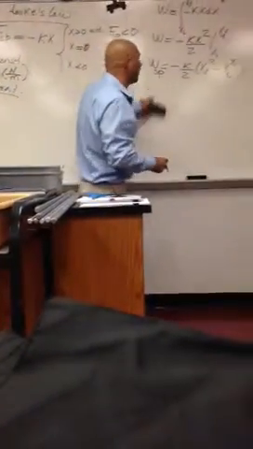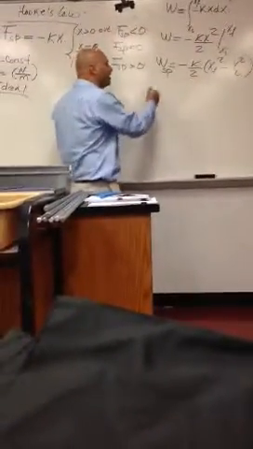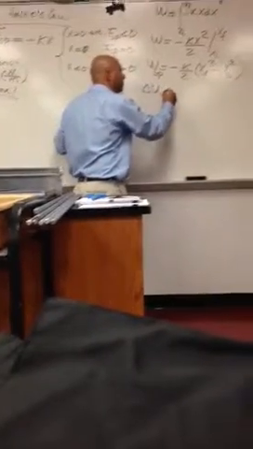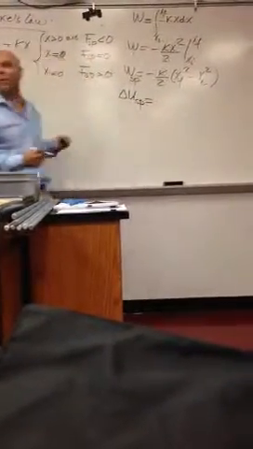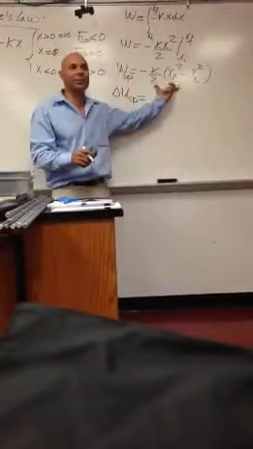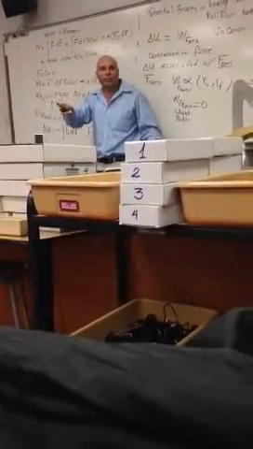How can we find now the change in potential energy of the spring? If this is the work done by the conservative force, according to the definition, what did we say? That always delta U will be opposite to the work done by the conservative force.